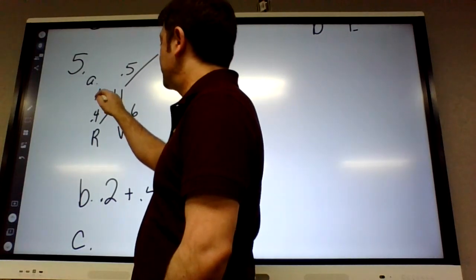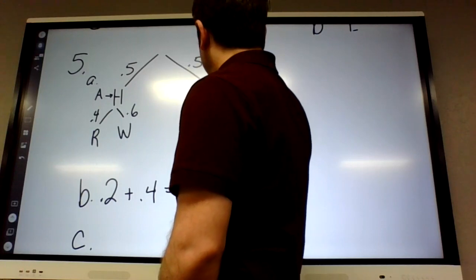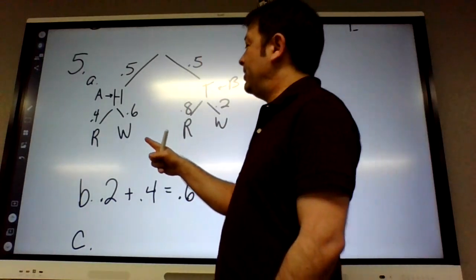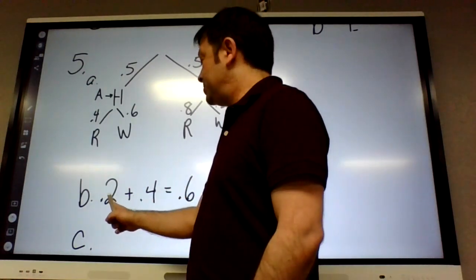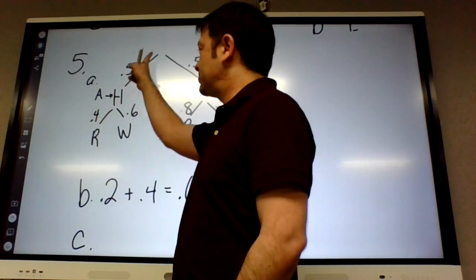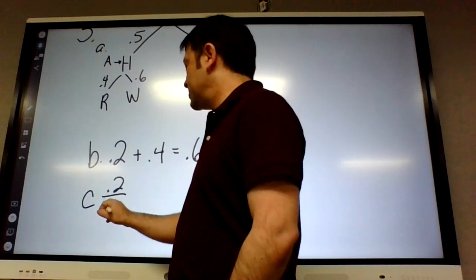I could have called this jar A also, the heads flip. This is jar B over here, tails flip. So yeah, out of the 0.6, 0.2 of that was from jar A. That was this route. So you do 0.2 out of 0.6.